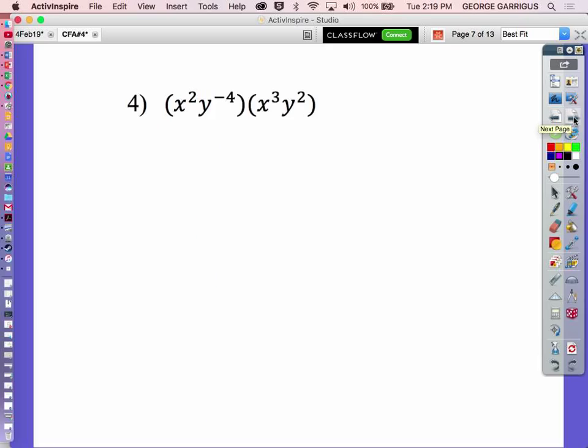Problem 4. You're multiplying here. The bases of x are the same, so you're going to add those exponents together, 2 plus 3. Then the y's are the same. y, -4 plus 2. Well, x is to the 5th power, because 2 plus 3 is 5.